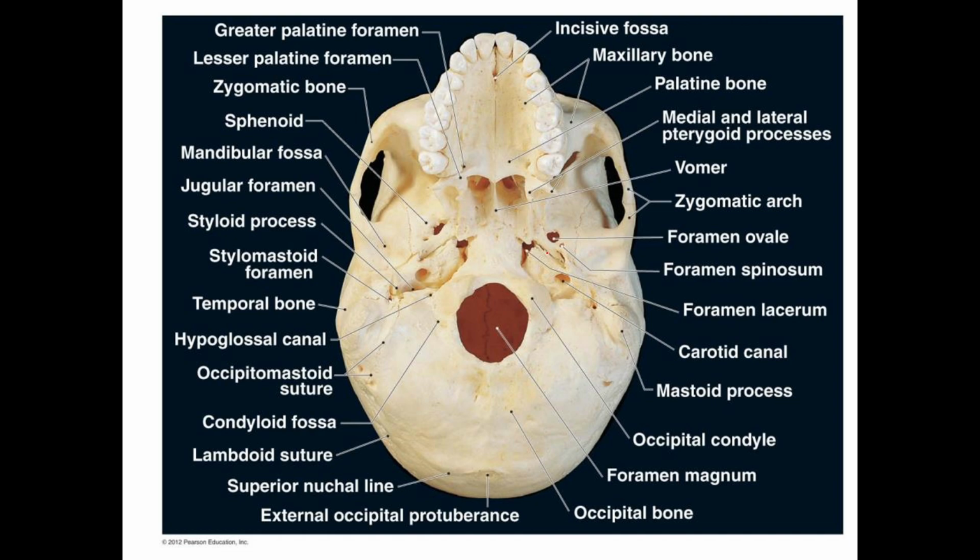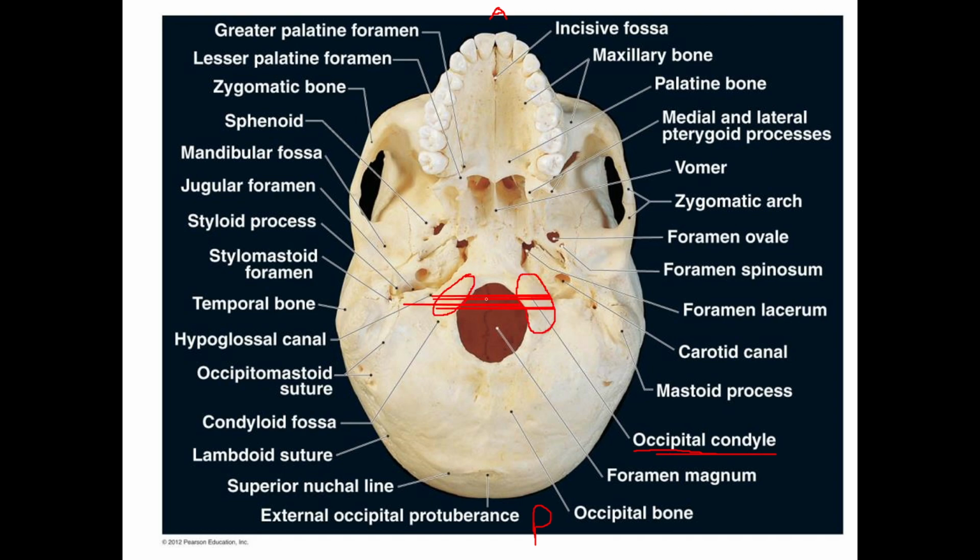Now what we're looking at is an inferior view of the skull. Let's go ahead and break this up again once more. We have the anterior side, and then down here we have the posterior side. Once again, everything that's on your terms list will be considered fair game, but I do want to point out some pretty cool structures, like the occipital condyle for one. The occipital condyle is going to be, oh man, that's nice.